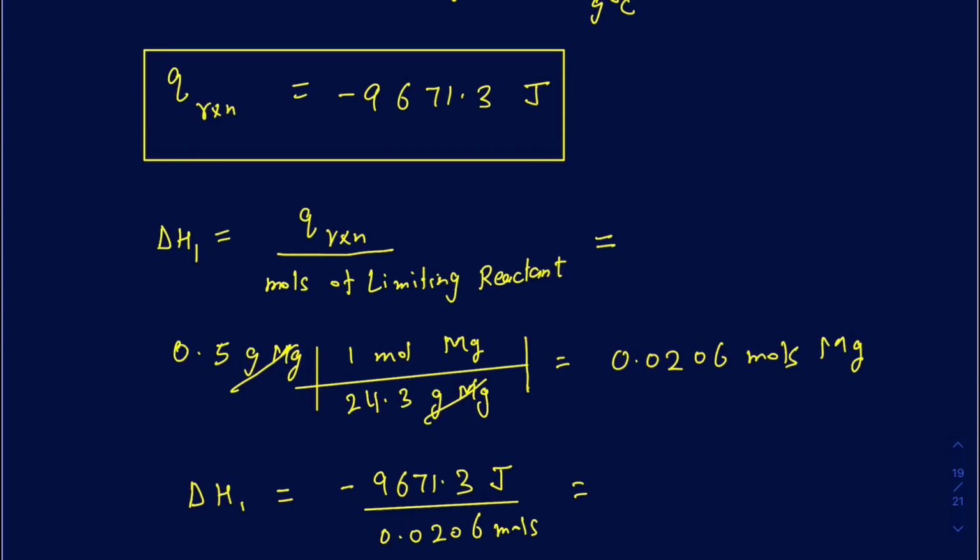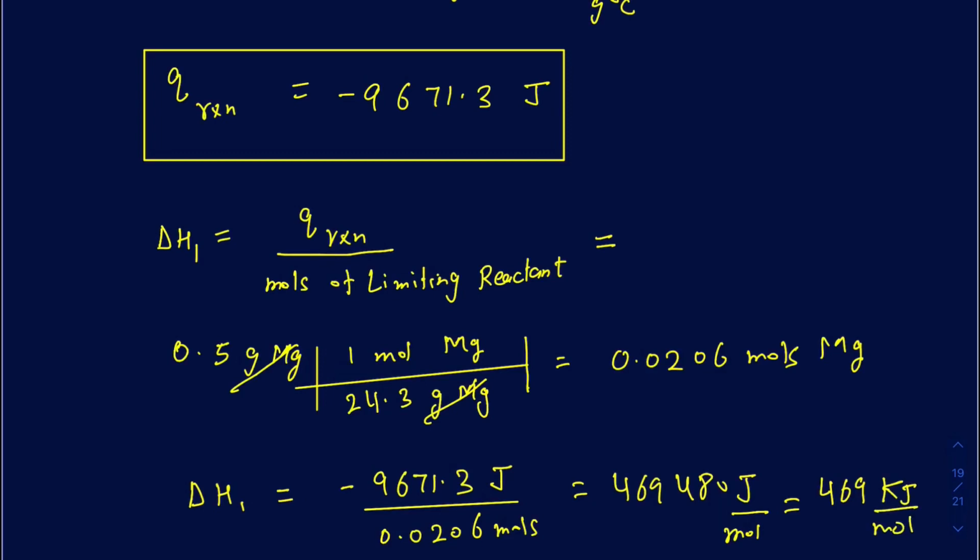So 9671.3 divided by 0.0206 moles comes out to be 469,480 joules. And if I want to change that to kilojoules, just because it's such a big number, I would say it's 469 kilojoules per mole.